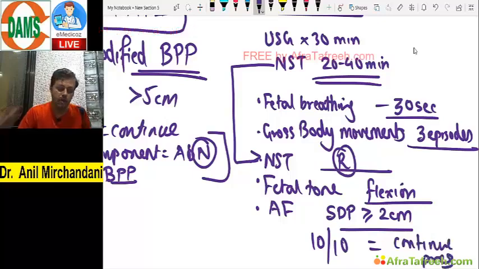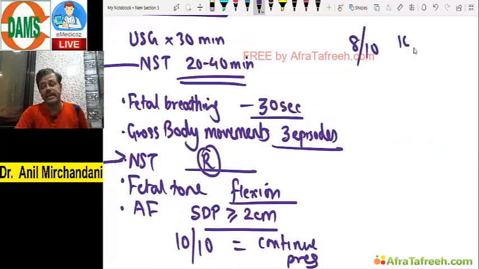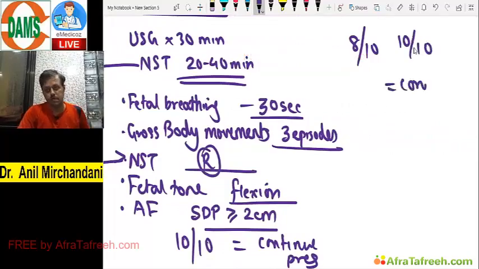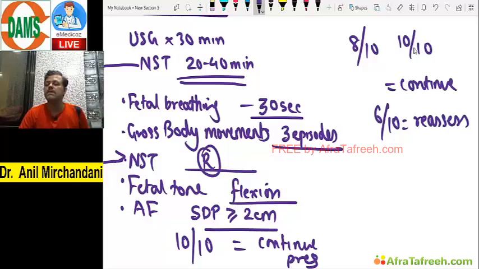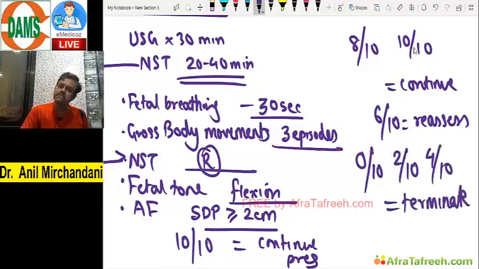I will oversimplify this for you. 8 or 10, continue. 6, reassess after 4 hours. 0, 2, 4, terminate. As simple as that.